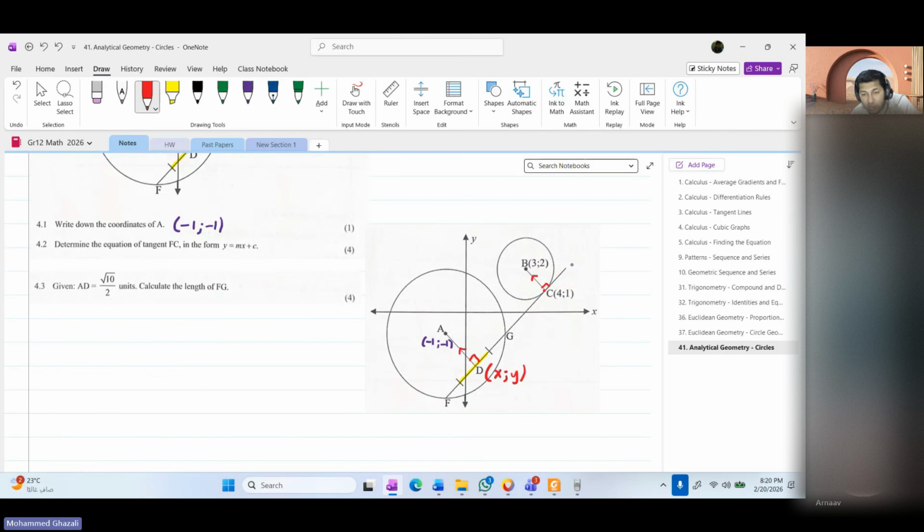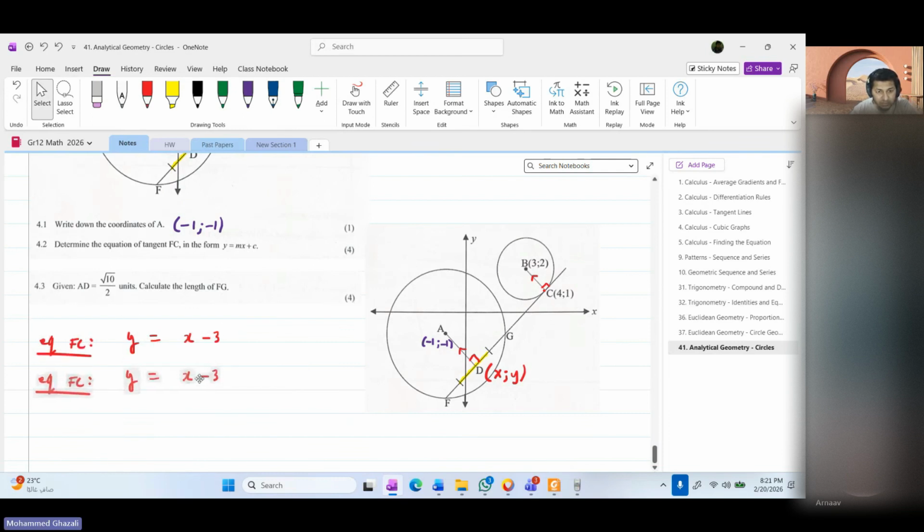But what is the equation of FC? The equation of FC is y equals x minus 3. That's what we had. This is nice because I wrote the coordinates of D as x and y, but the point lies on FC.